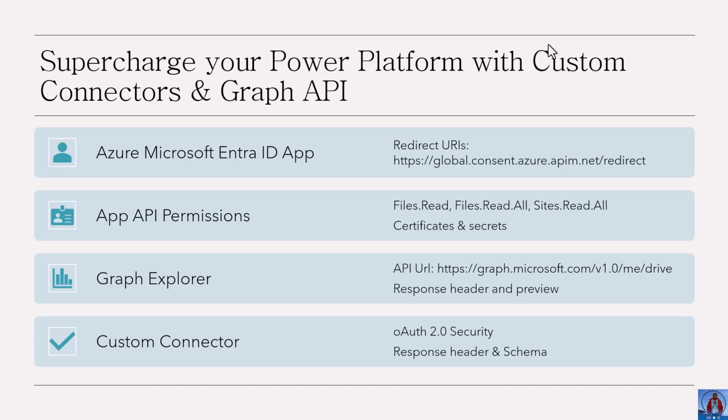Once the app registration is created, you need to add the permission to read the OneDrive, and of course we need the OneDrive URL, Graph API URL, and the response header and the preview to add it into the custom connector. And finally, in the custom connector, you need to mention those OAuth credentials which have been created in the app registration, and also the schema. Let's get started.